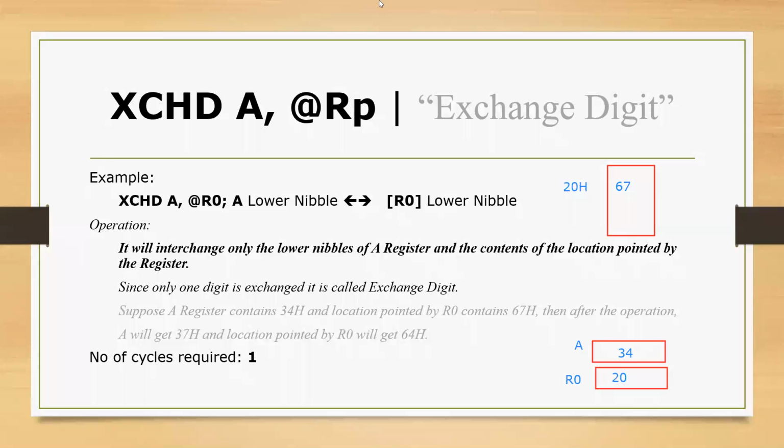So the A register value will be 37 and the 25 hex location value will be 64. That is, only the lower nibble is exchanged. That is exchange digit. Only one digit is exchanged, not the byte. So it is called exchange digit.